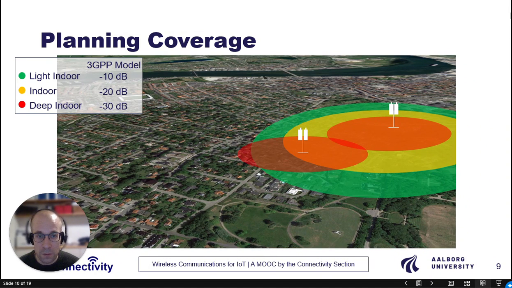If you had a coverage designed for light indoor installations and you had a deep indoor application, then you would experience a lack of coverage at the edge of all these green circles. So devices located in deep indoor installations would experience insufficient coverage. They would not be able to communicate with the base station.